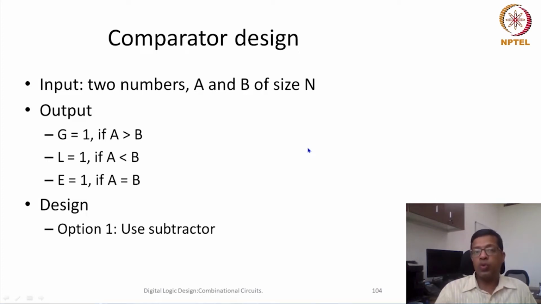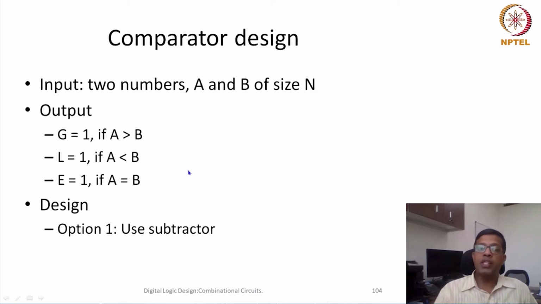Actually no, we only want to know the sign of the output. If the output is positive, A was bigger, so we set G equal to 1. If the output is negative, B was bigger, so we set L equal to 1. But if the output is equal to 0, A and B were equal, so we set E equal to 1.